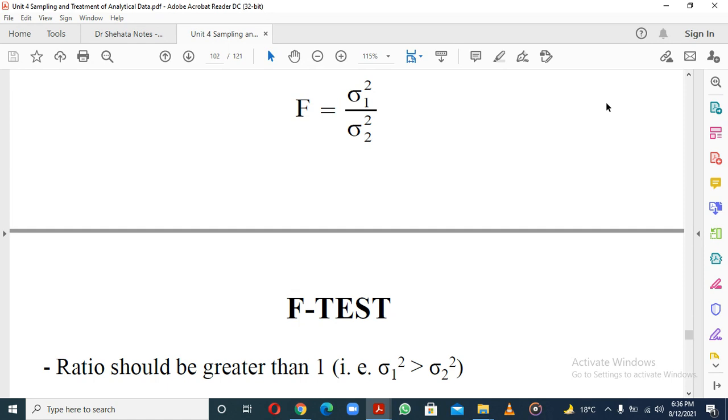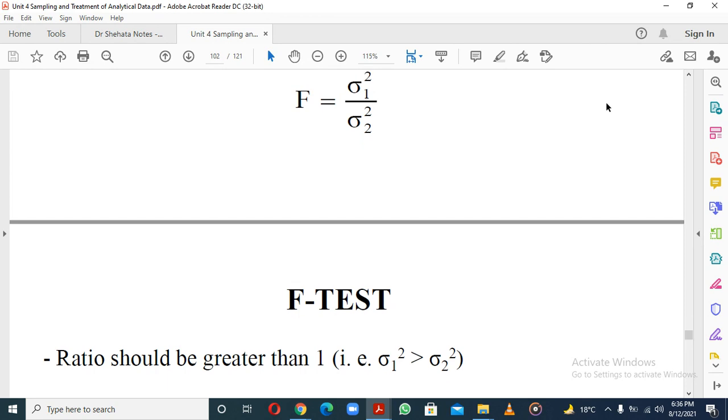But what should be your numerator? If the ratio is to be greater than 1, it simply entails that your numerator should be greater than your denominator. So for instance, can someone answer this? If you've got a variance of 2.5 and a variance of 3.5, which of these two variances should be the numerator?